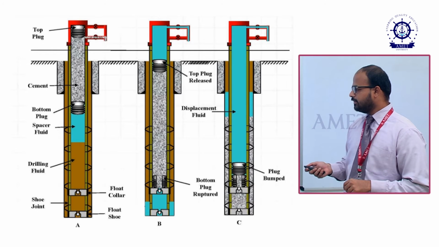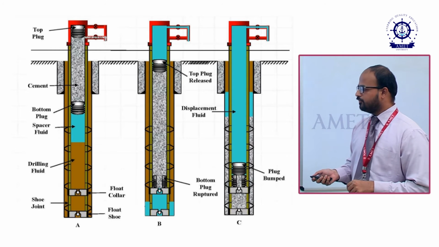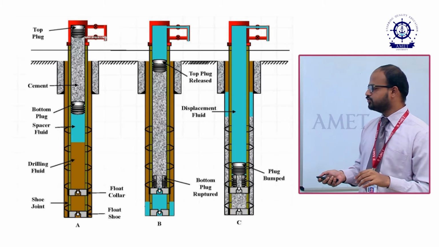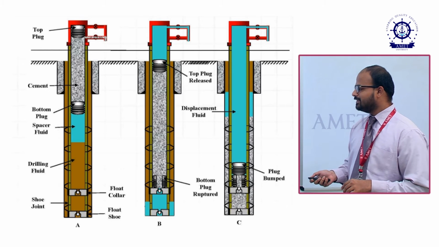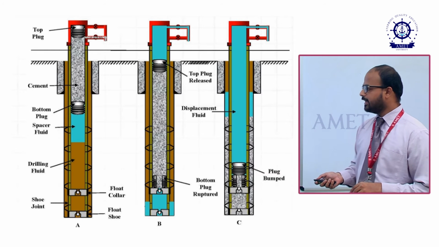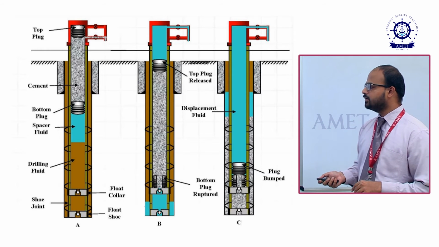First the casing is run. The bottom of the casing is called the float shoe, and after 2 or 3 casing joints, we have to fix the float collar. The round shape I already told you is your valve. The distance between the float shoe and float collar is the shoe track. Then the second step is we have to condition with the drilling fluid.